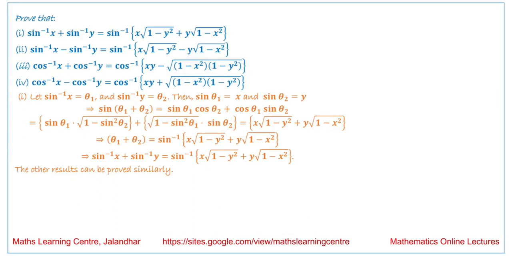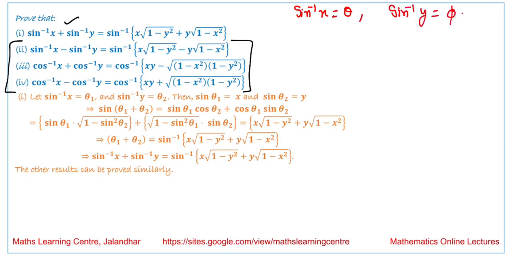Next is sine inverse of x plus sine inverse of y is equal to sine inverse of x times square root of 1 minus y square plus y times square root of 1 minus x square, and we have these 3 results also. So we are proving the first result over here. Suppose we say that sine inverse of x is equal to theta and sine inverse of y is equal to phi.